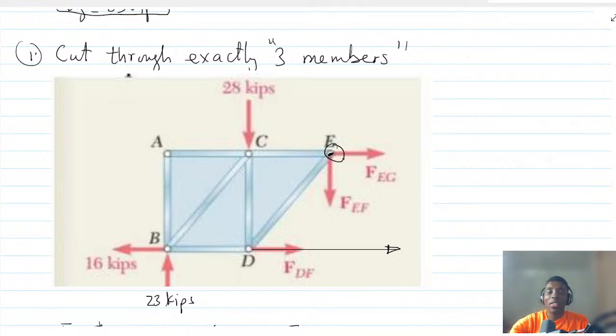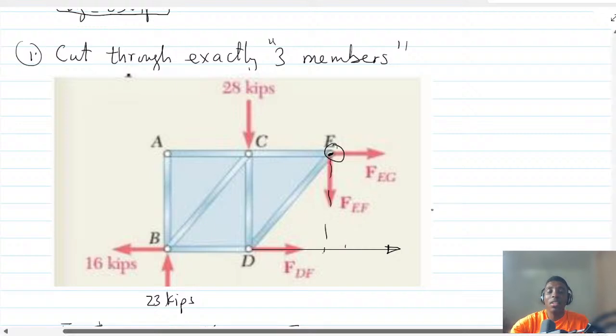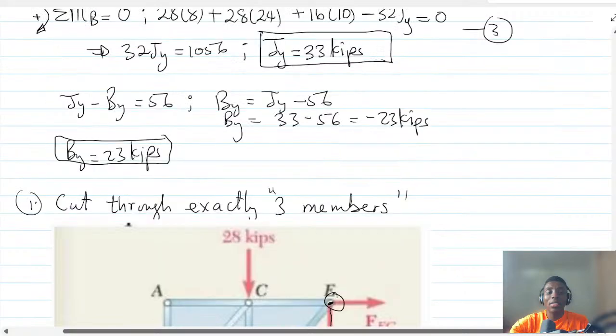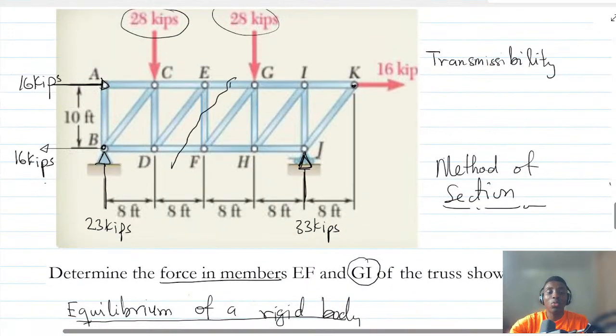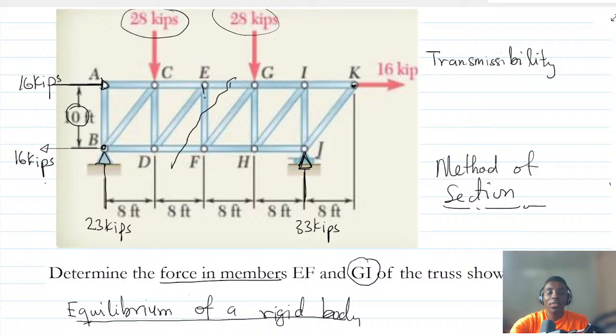Now the line of action, the perpendicular distance all the way from point E to meet FDF, so that perpendicular distance is actually 10. That is the vertical distance in this direction. That is 10.